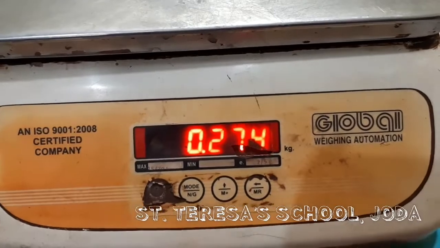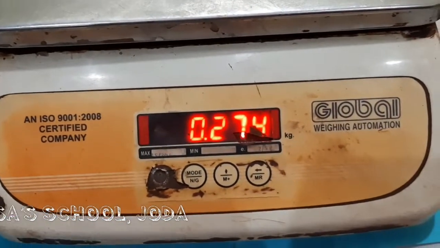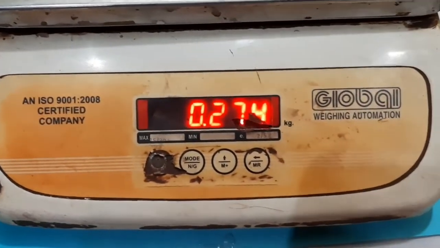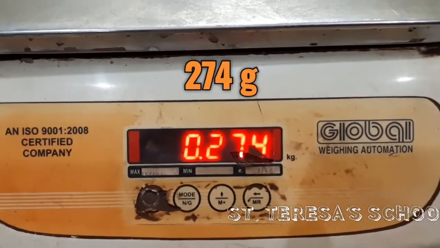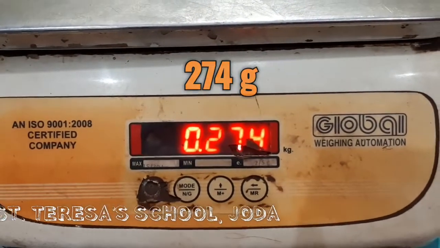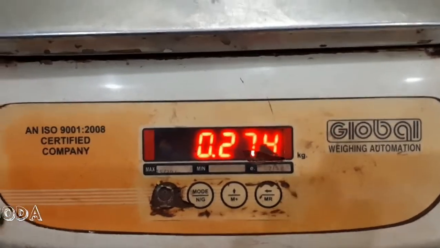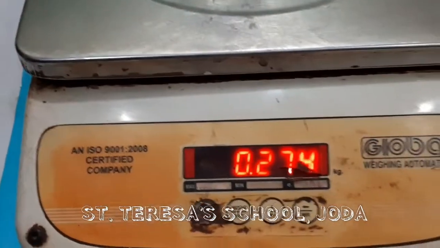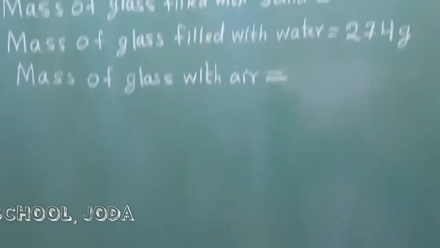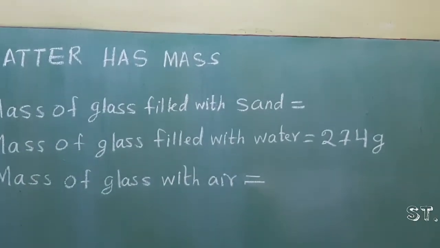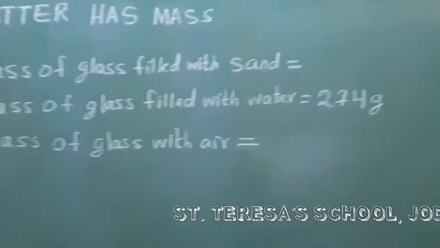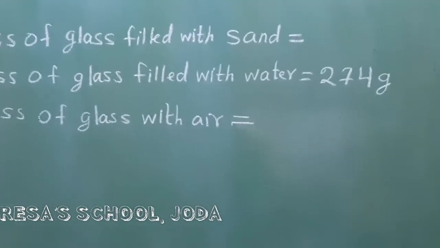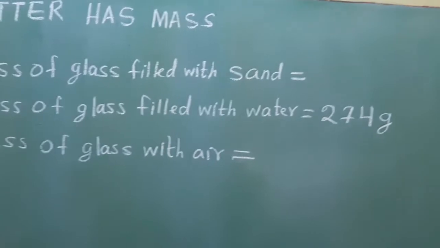It's 0.274 kg. That means it's 274 grams because 1 kg is 1000 gram. So the mass of glass filled with water is equal to 274 gram.